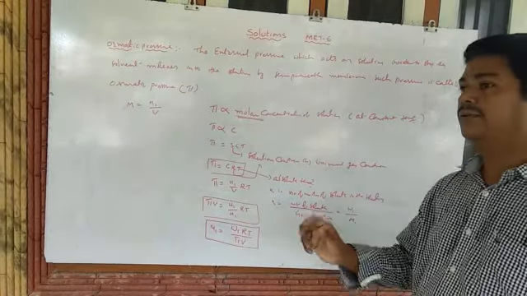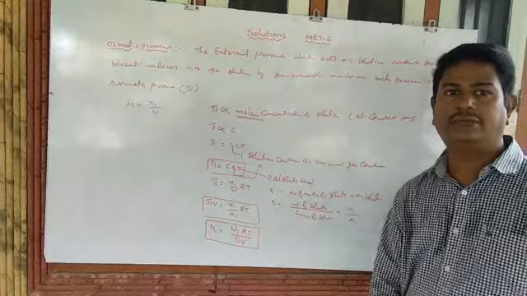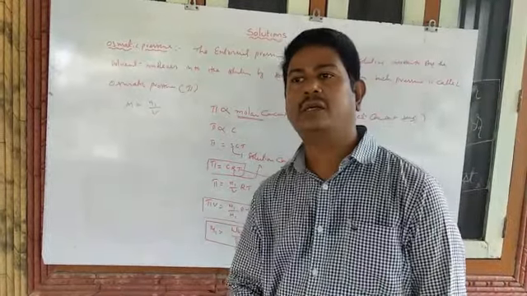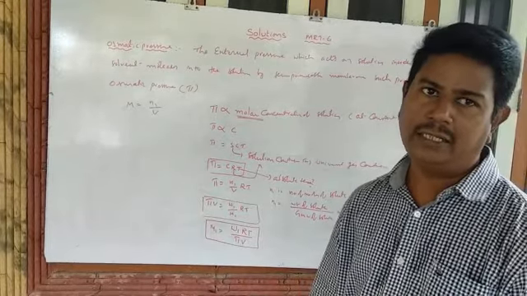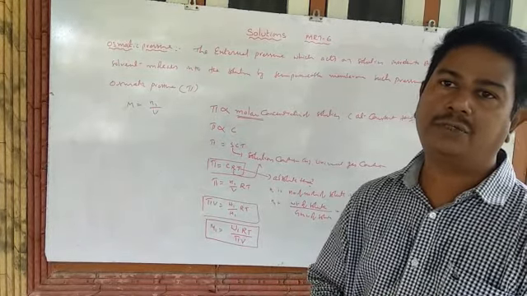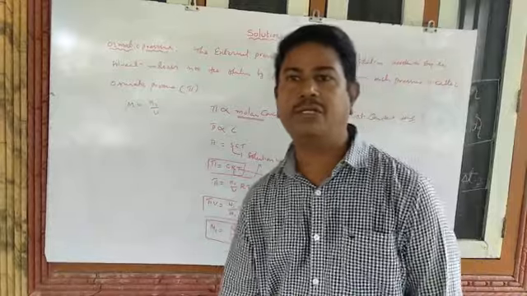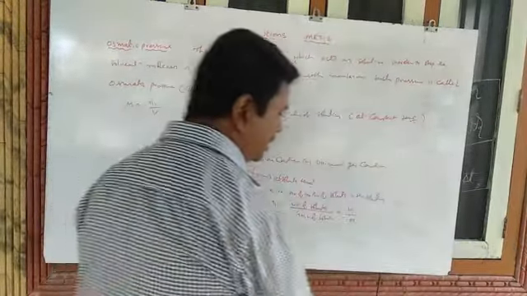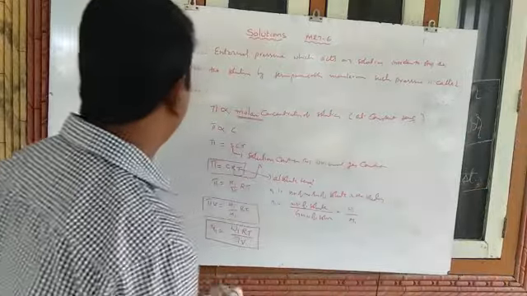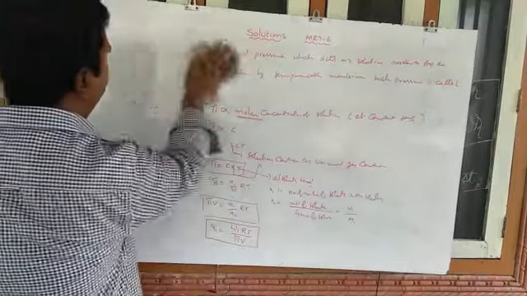Now, if any two solutions have the same osmotic pressure, such solutions are called isoosmotic solutions or isotonic solutions. So what are isotonic solutions and hypertonic solutions will be discussed here.